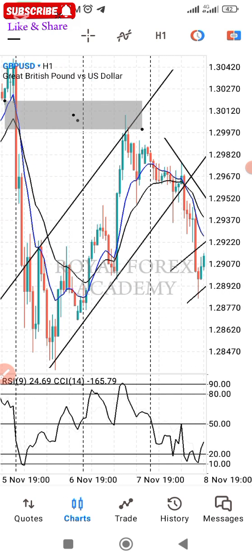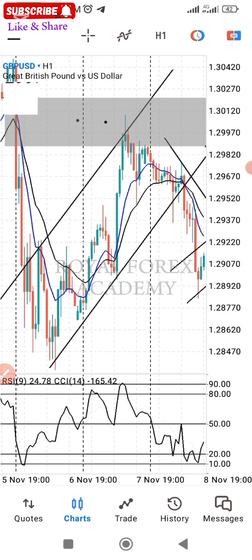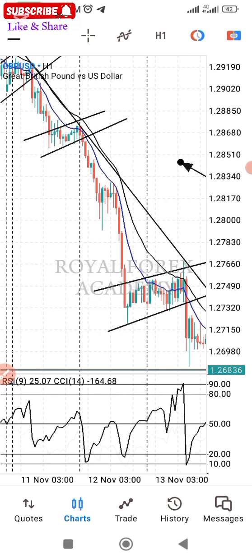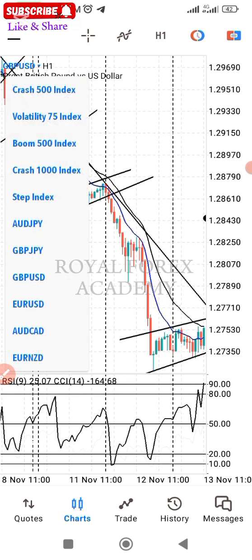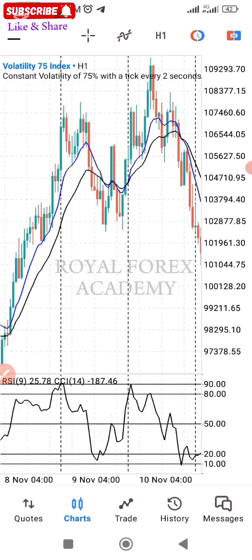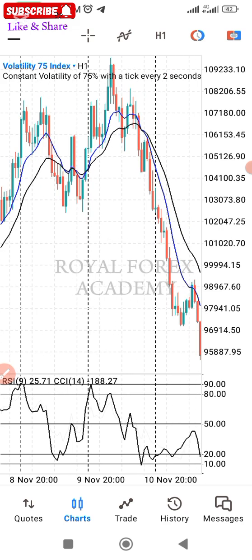And here we have this actually fill in a fair value gap, and then it continues to the downside. So this is how simply you can take advantage of this candlestick signal, this chart pattern. So you can see all of this.